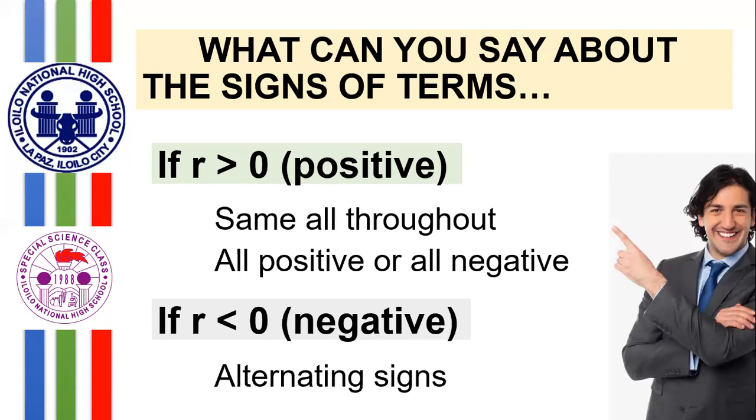If your first term is negative, then the terms will be negative, positive, negative, positive, and so on. I hope that this is something that you should take note of. Simple things, but they are very helpful as well.